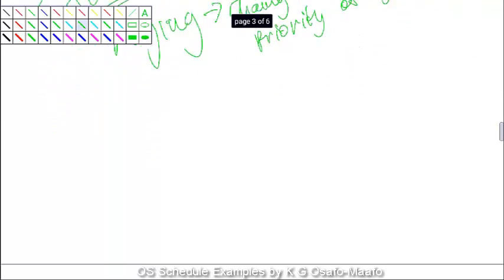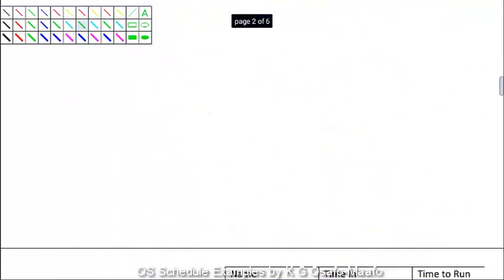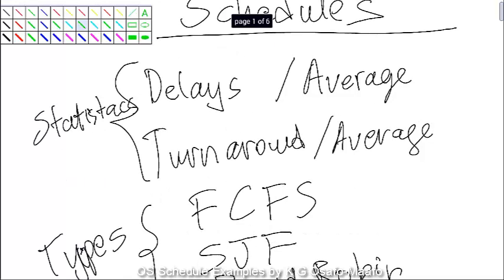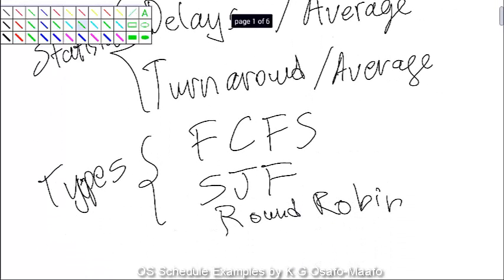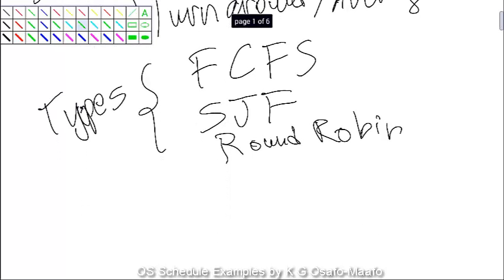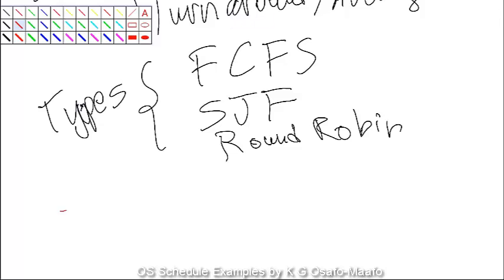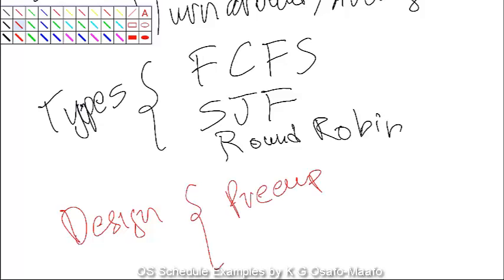Alright, so we've now discussed different types of schedules. We've seen some statistics: first come first served, shortest job first, round robin. We also talked about design issues. Do we allow preemption? Preemption means, do we stop someone from running and schedule someone else?